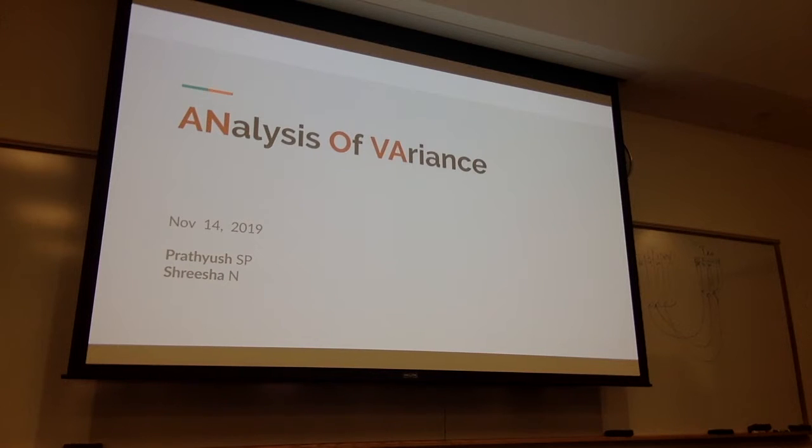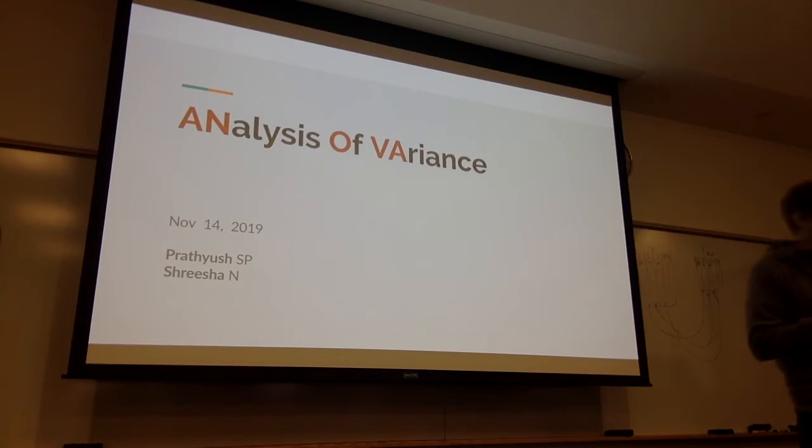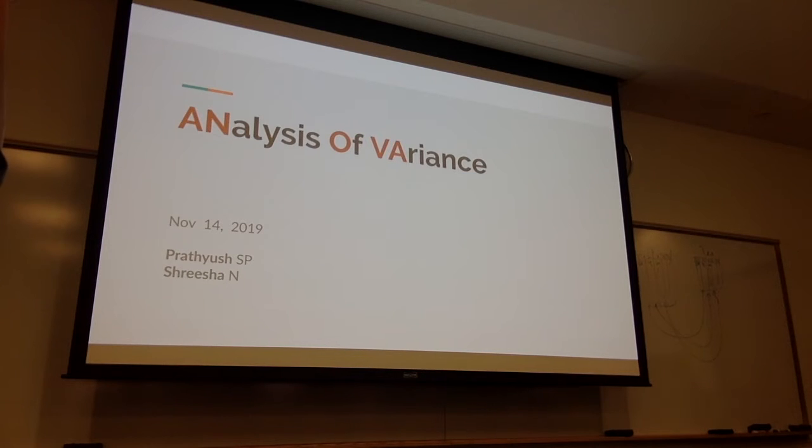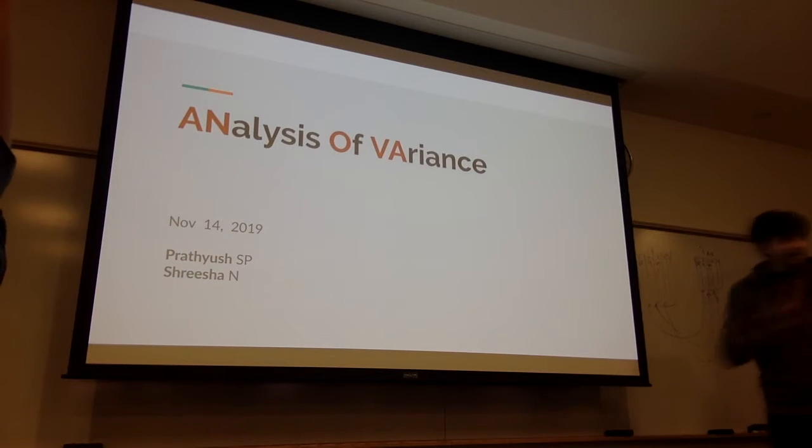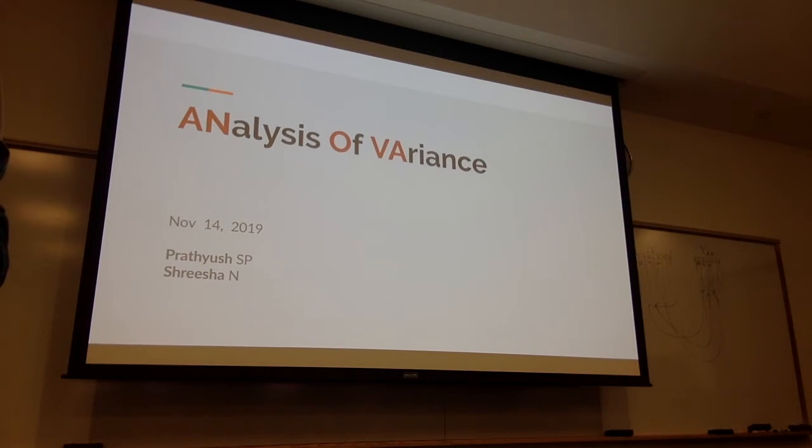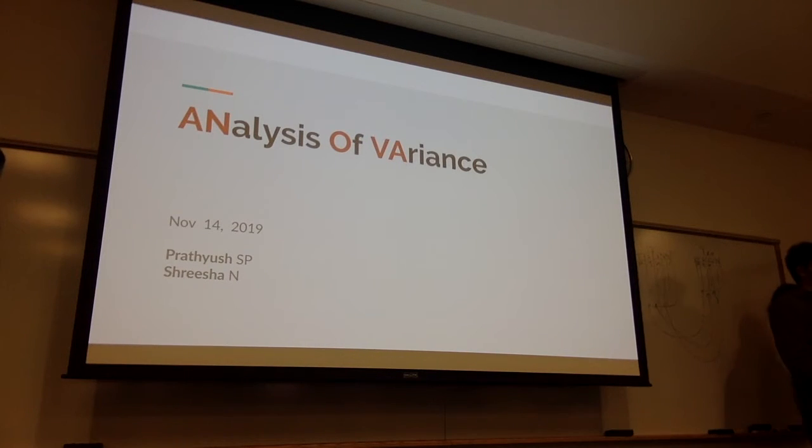This kind of comparison can be extracted using Anova, which is analysis of variance. The name has got nothing to do with each column's variance. What we are doing here is taking each column, playing with their individual means, and comparing them. That's what we are doing in analysis of variance. So I think you now have the idea of why we need Anova, right?